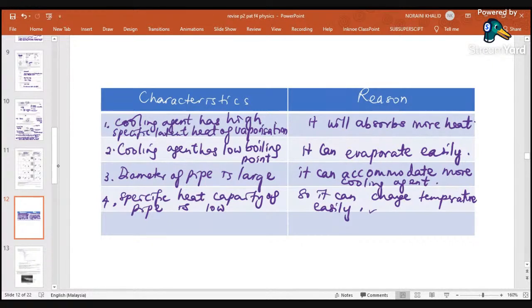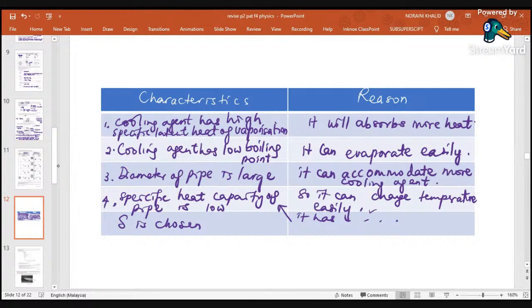And now make the conclusion: as is chosen because it has, you need to copy again the left side here. It has high specific latent heat of vaporization, low boiling point, large diameter of pipe, and low specific heat capacity of material pipe.